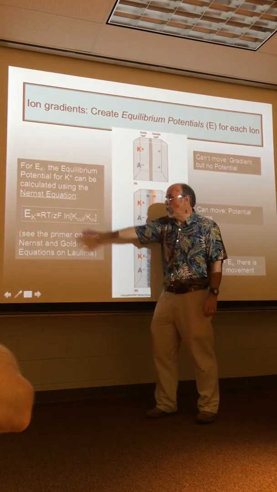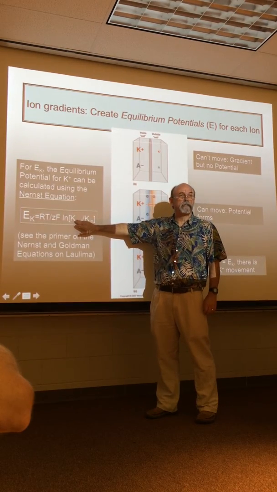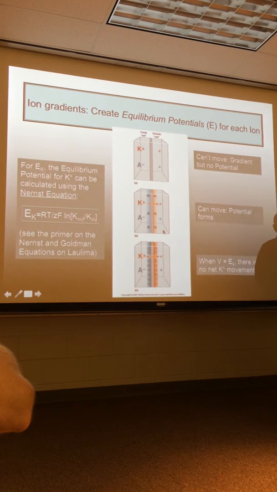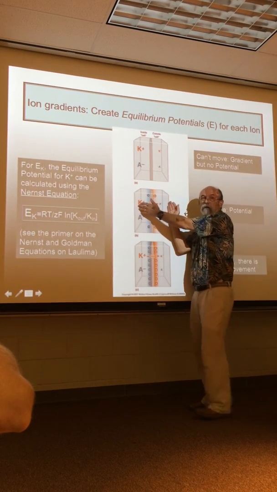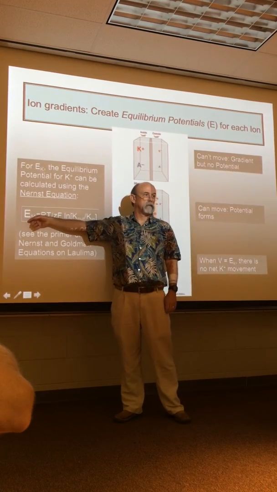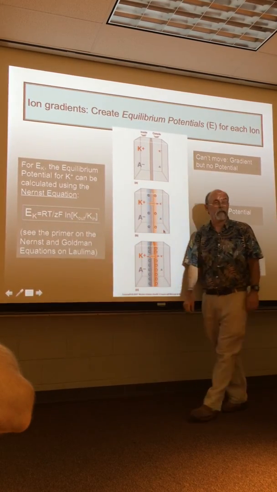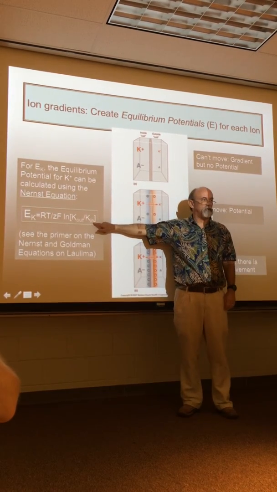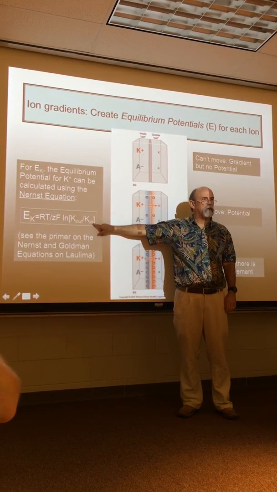It's a ratio of whatever there is outside, in this case potassium, over what's on the inside. So the voltage that you get depends on the gradient. The bigger the gradient, the bigger the voltage, right? Now you're going to say, wait a minute, potassium is really rich inside. We have a problem, don't we?